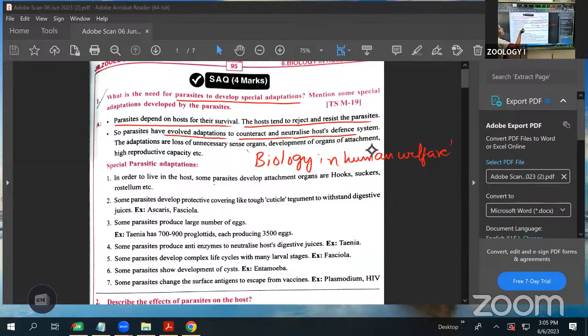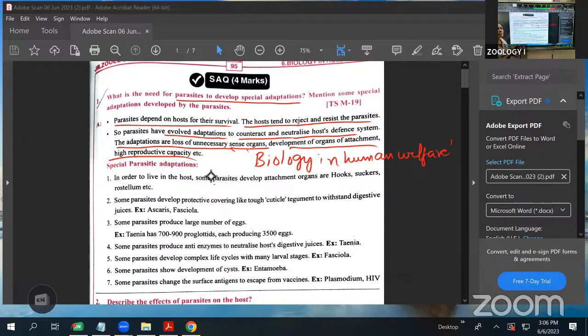Here next, these adaptations are loss of unnecessary sense organs. They lost the unnecessary sense organs and develop organs for attachment and a highly reproductive capacity. Parasites lose unnecessary sense organs and develop organs for attaching purpose.